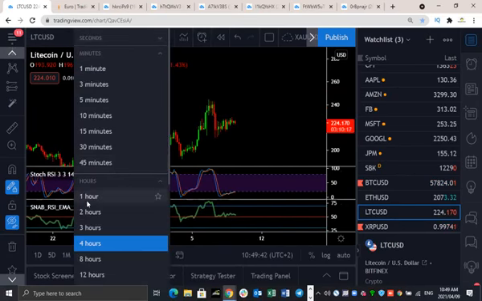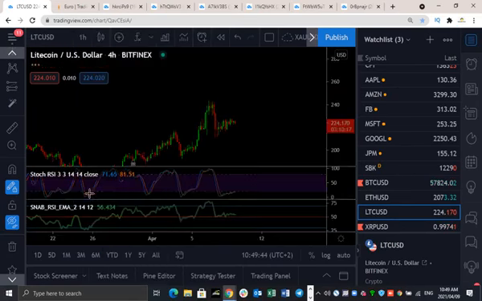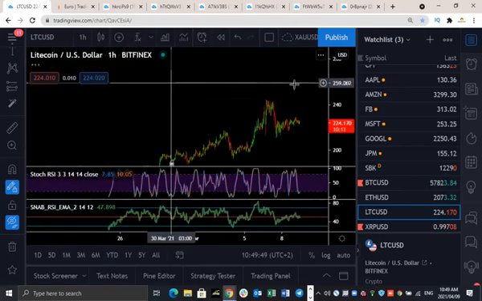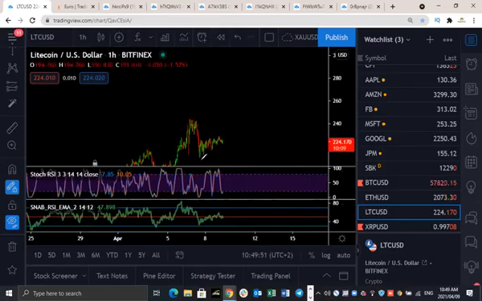Let's look at the 1 hour. The 1 hour is not showing downside, it's showing upside. So this can actually be a leading diagonal here. Could actually be a leading diagonal on Litecoin where this pushes up higher, one more down, and then we look for upside.